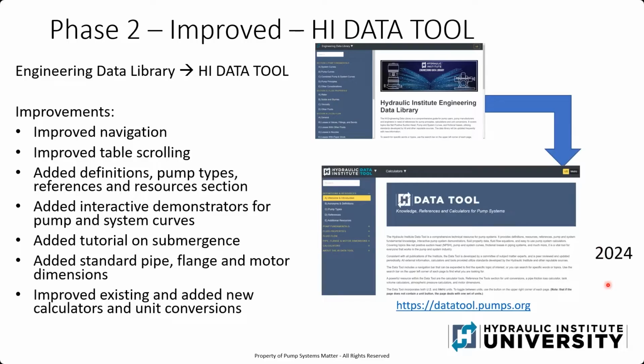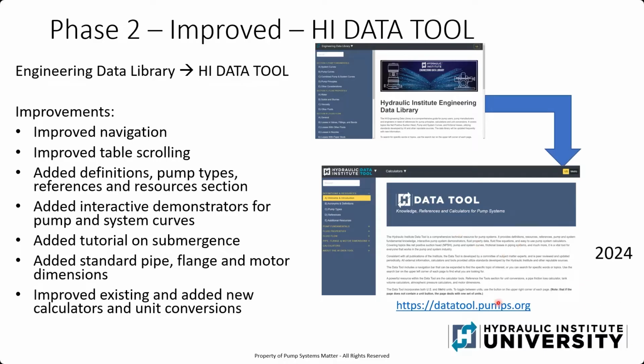And the updated version of the site includes a lot of interactive tutorials and a lot of calculators. And so it's more than just a data book. It's more than just a library. We updated the branding on this to the HI data tool.